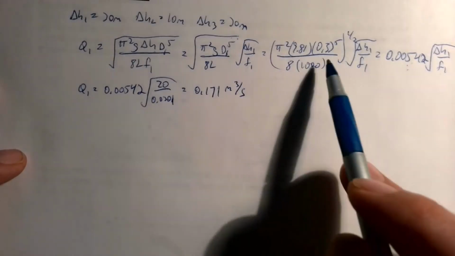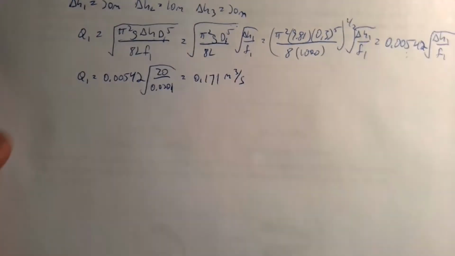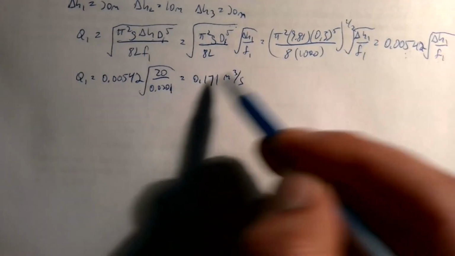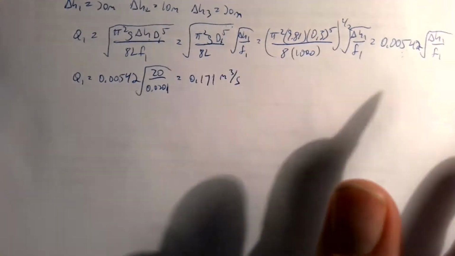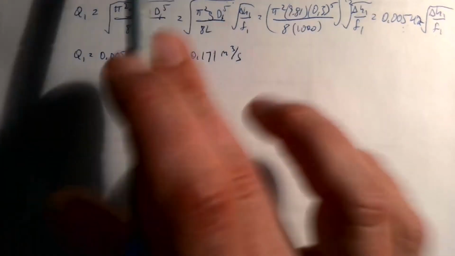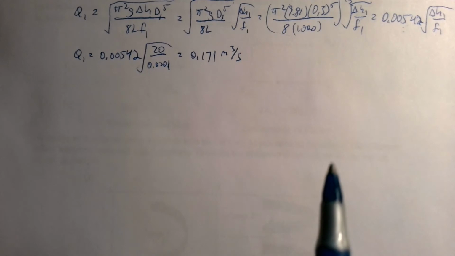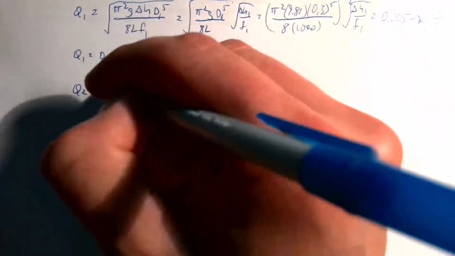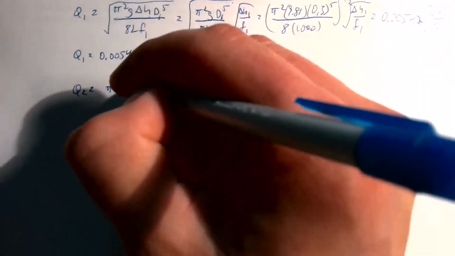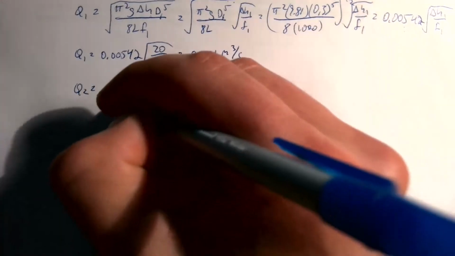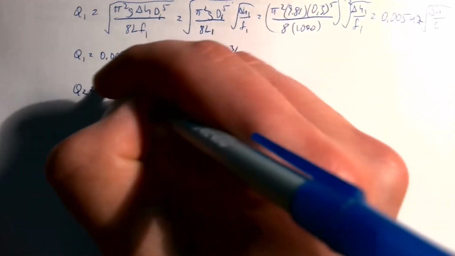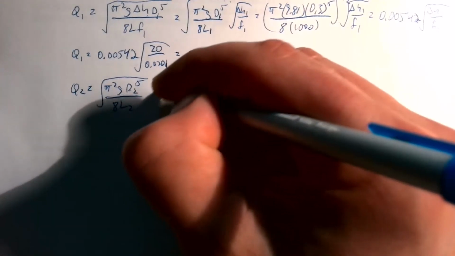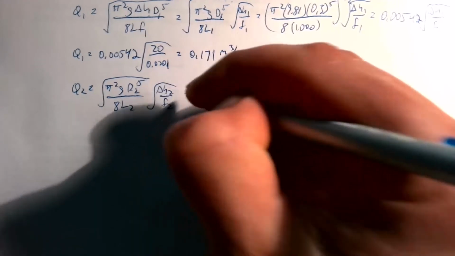I wrote everything in meters, and we have seconds in there, no other units, so we don't have to bother, but you have to make sure the units work out if you do have different ones. Q2 likewise is going to be the square root of pi squared g d2 to the fifth over 8 L2 times delta H2 over F2.